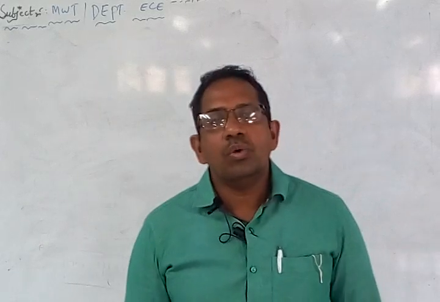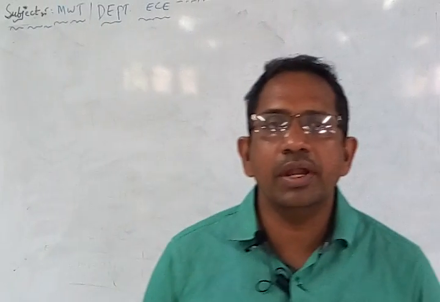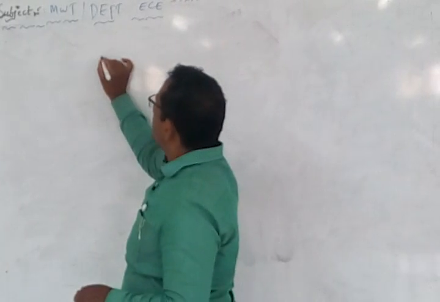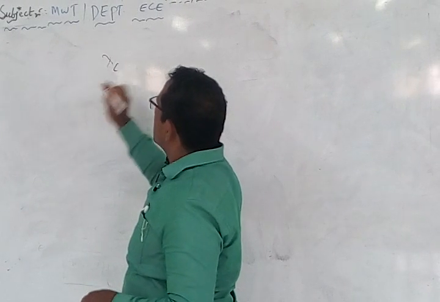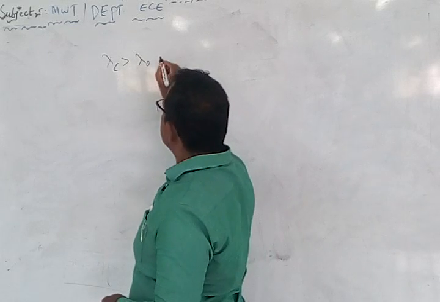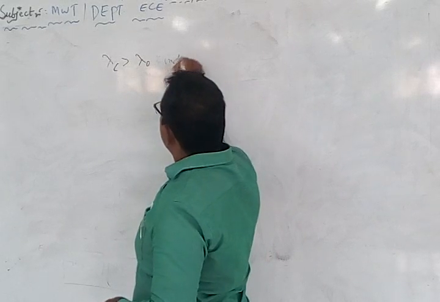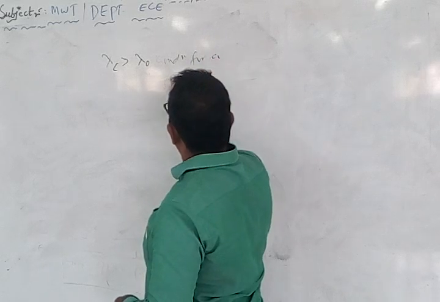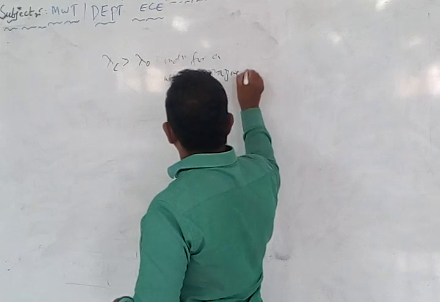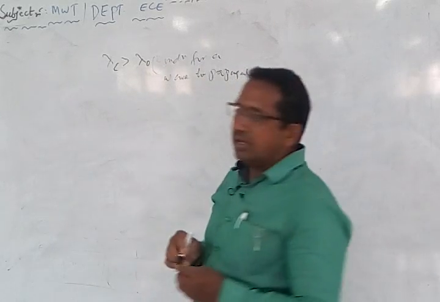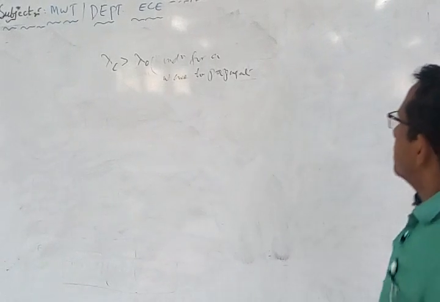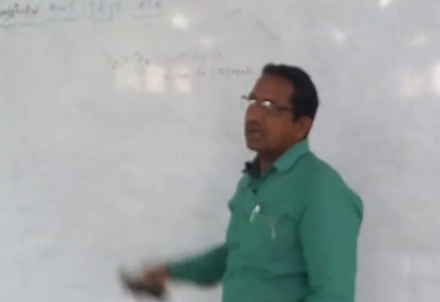Now what is the condition for a wave to propagate through a waveguide? The condition for a wave to propagate is that the cutoff wavelength lambda c should be greater than lambda naught.